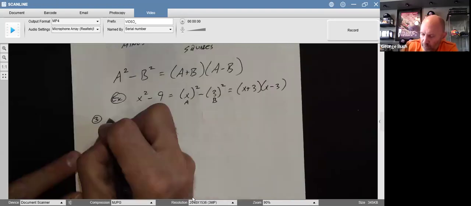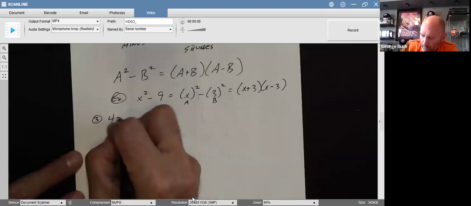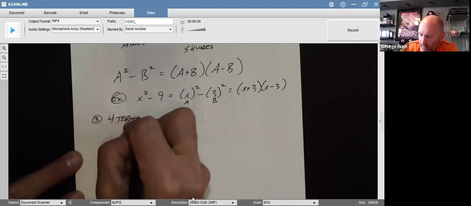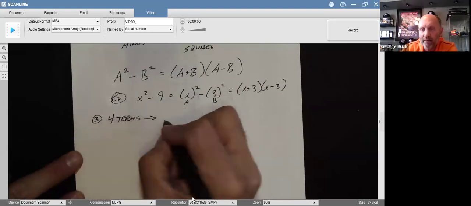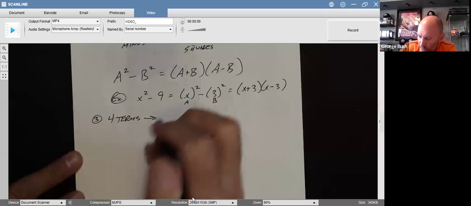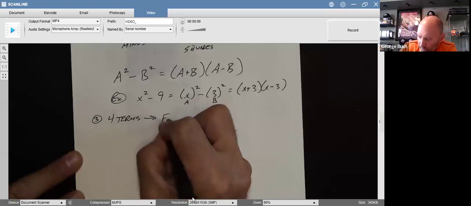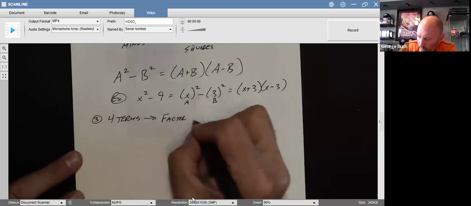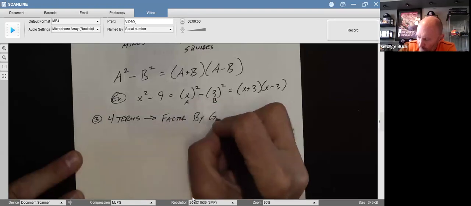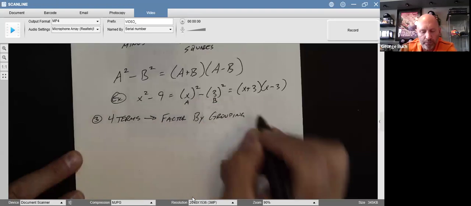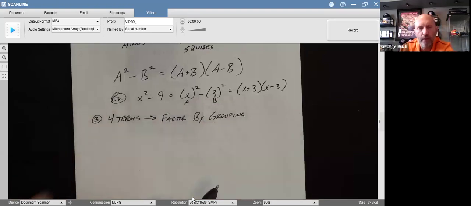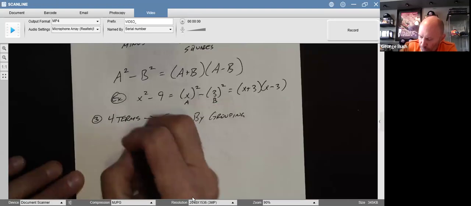If we see 4 terms, this should immediately set off bells and whistles for us that this is a factor by grouping type of problem. And so what we're going to do here is group the first two terms together.